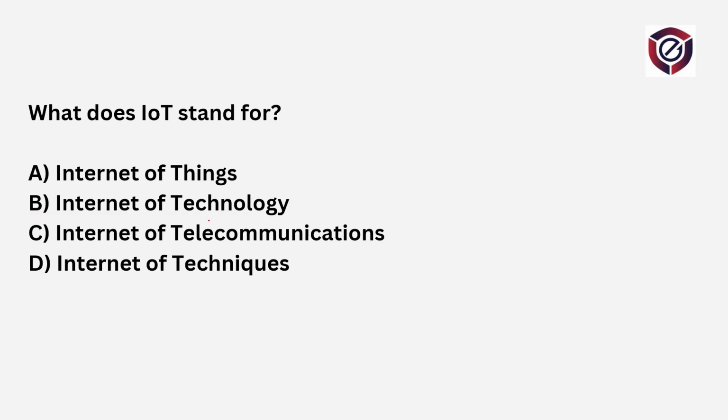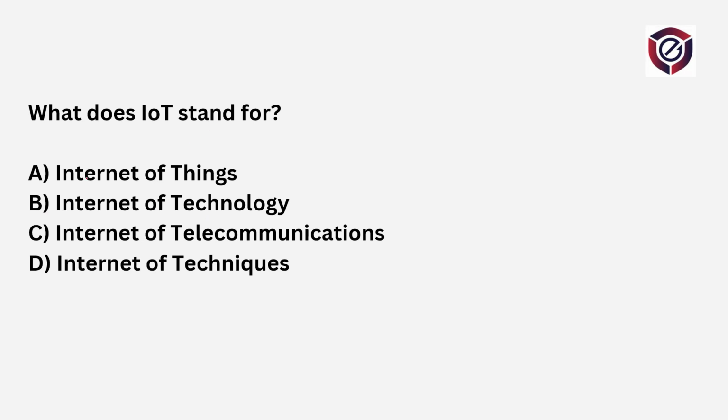What does IoT stand for? You might know that Unit 4 of IT skills of the DCET syllabus also covers IoT. IoT deals with sensors, embedded systems, Arduino, and such.